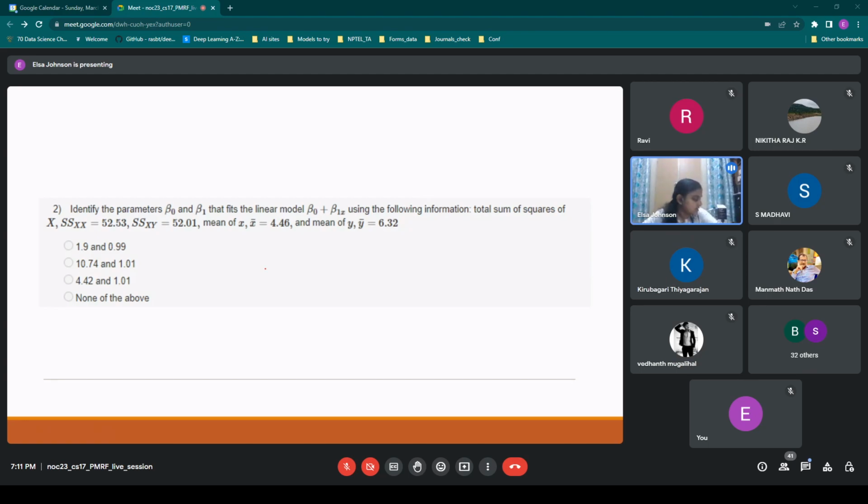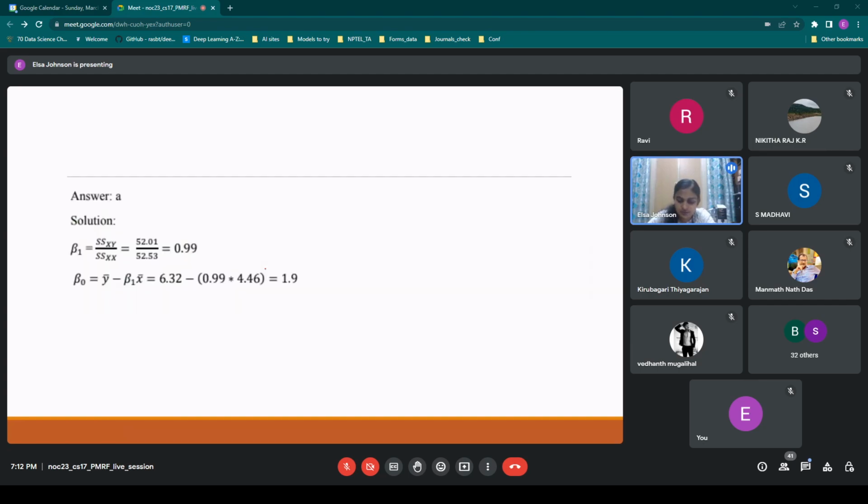So that's clear. SXY you have as 52.01 and SXX is there. You just have to divide this by this one, and you'll get the value of 0.99.